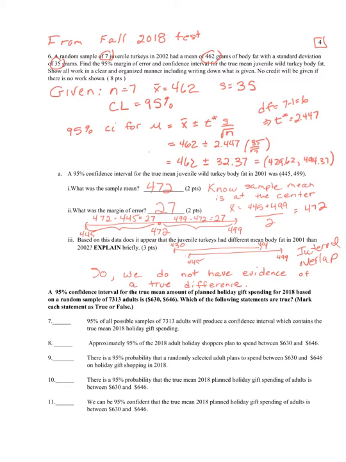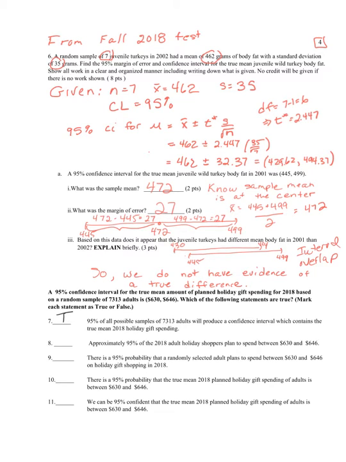So number 7, 95% of all possible samples of 7,313 adults will produce a confidence interval which contains the true mean holiday gift spending. So this is saying 95% of all possible samples will have a good confidence interval, and that is true. That's what the central limit theorem tells us.